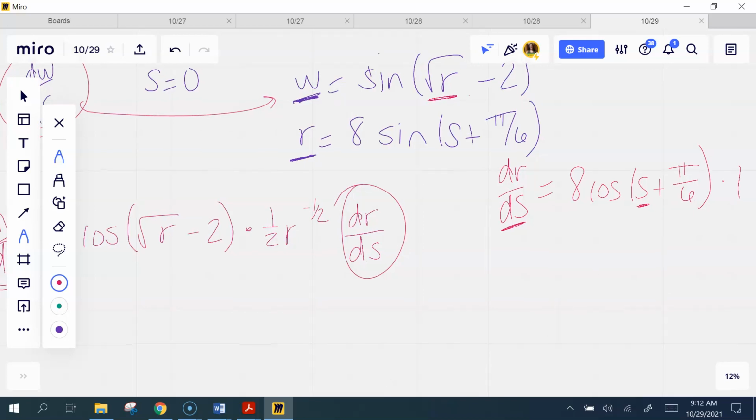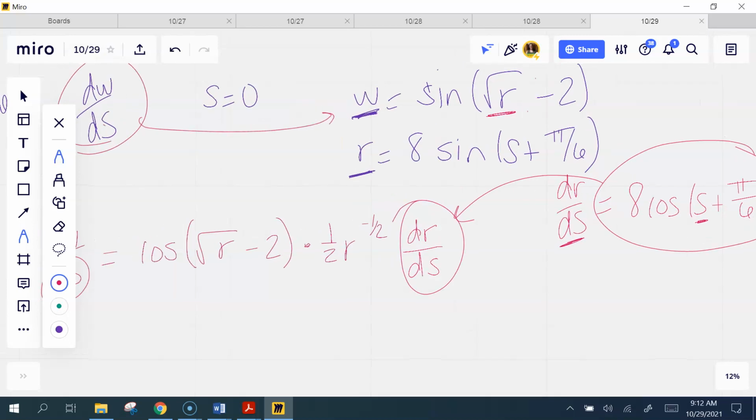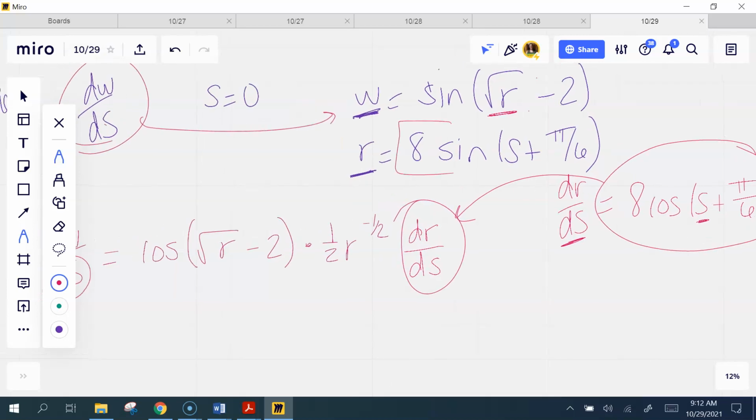Okay, so now remember, I want all the same variable in here, so I'm also going to replace r with this. Okay, and remember, I'm also evaluating when s equals 0. Let's plug it in first, then let's replace the s's with 0.